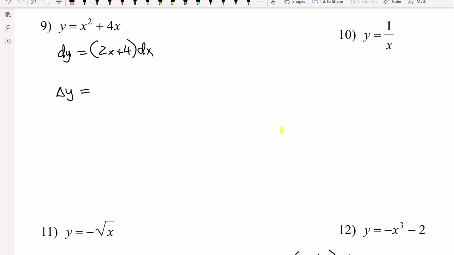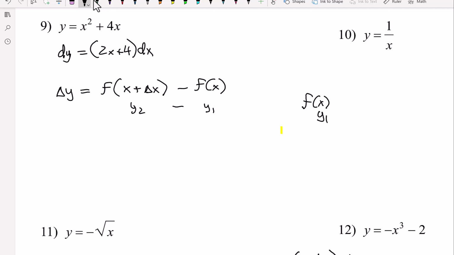So delta y equals f of x plus delta x, subtract f of x. So remember, f of x is y1, and f of x plus delta x is y2, so it's just y2 minus y1. That's essentially all we're doing here.